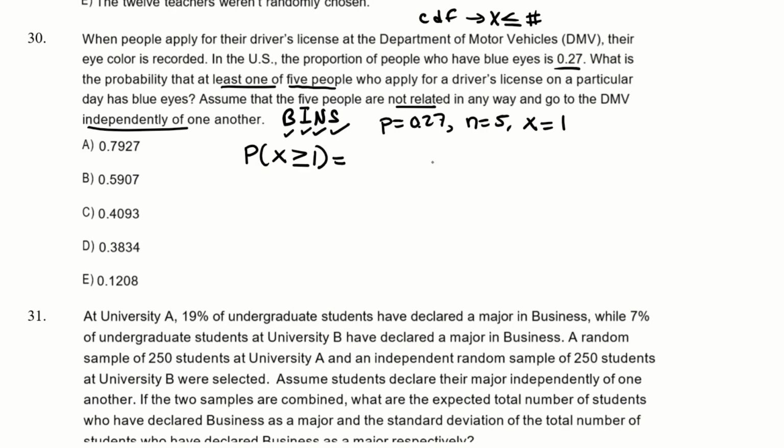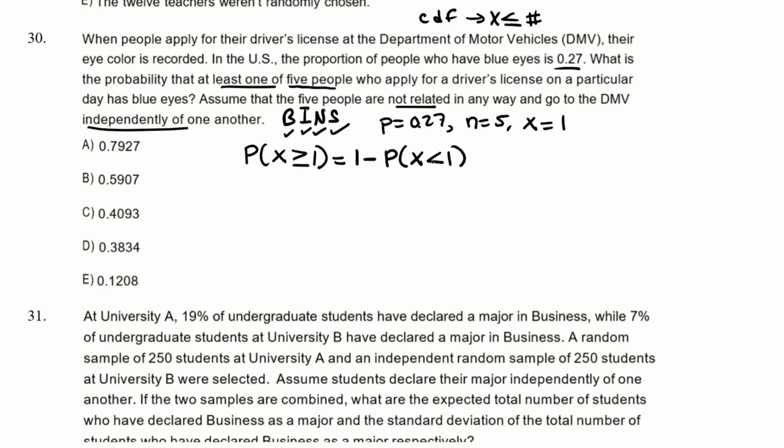So remember that if I want greater than or equal to 1, if I want to convert it to less than or equal to, well, the opposite of greater than or equal to 1 is less than 1. So what we're going to do is 1 minus the opposite, which is less than 1. Now, less than 1 is still not less than or equal to.